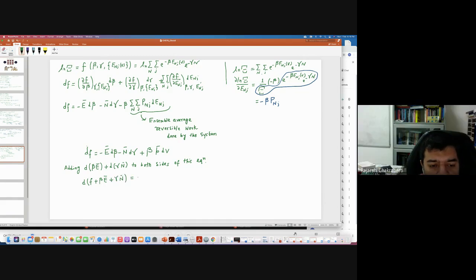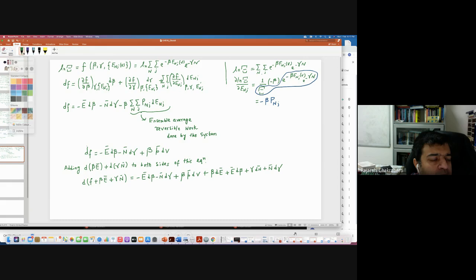What do you get on the left hand side? Let me write down whatever is there. The first term is d of beta E bar, so it will have beta dE bar plus E bar d beta plus gamma dn bar plus n bar d gamma. This is fine?